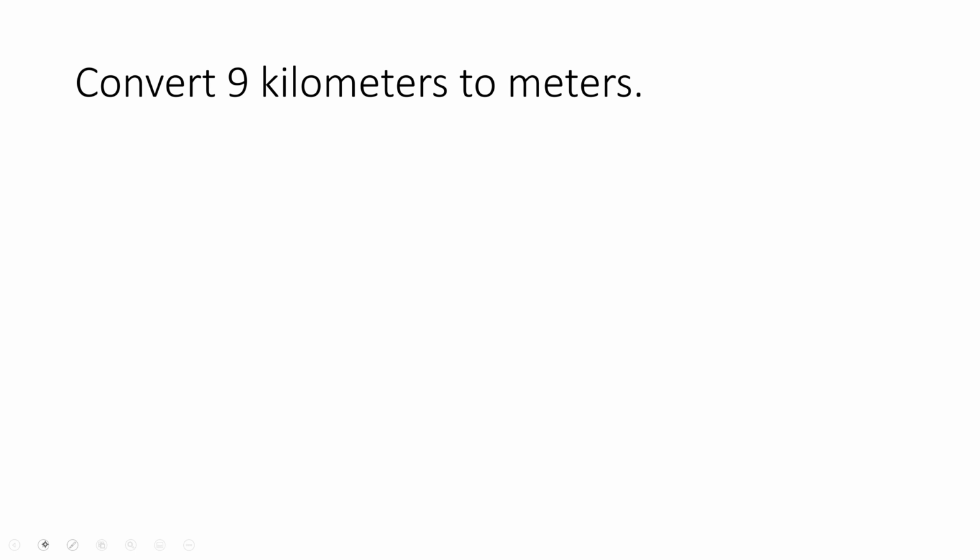All right, last one we're going to do. Convert 9 kilometers to meters. I know that there are 1,000 meters in 1 kilometer. So I can do this in a couple ways, remember? Ratio table or multiplication.